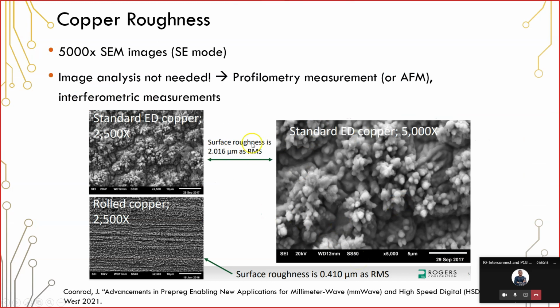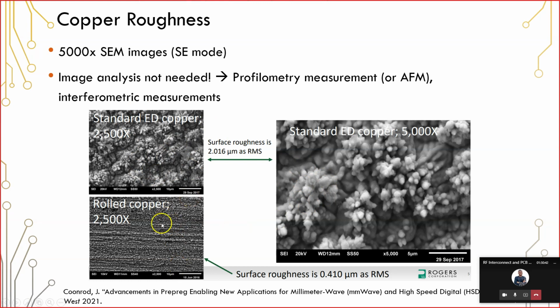Now, if you look at a microscope image of electrodeposited or rolled copper, they're very easy to identify from an SEM image. These are only 5,000 times magnified scanning electron microscope images in the SE mode. From here, you could use image analysis to determine what the roughness is.